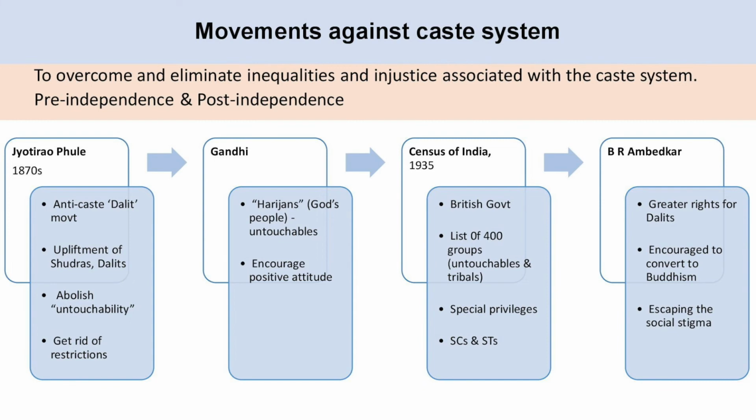caste system. Now these various movements, attempts, actions and efforts actually laid the context for different preferential policies and positive discrimination that the Indian government and the Indian state took to support the groups because they had faced inequalities, injustice and discrimination.